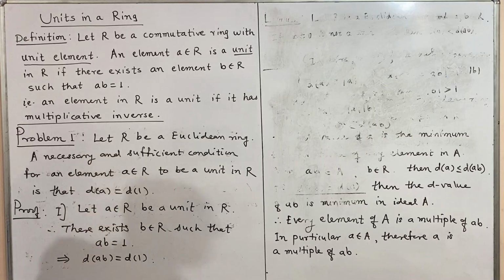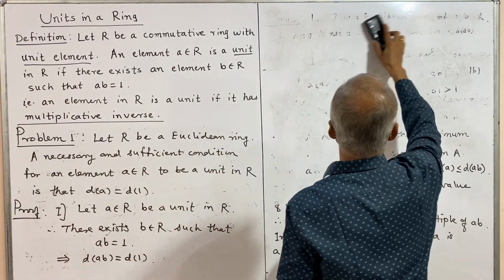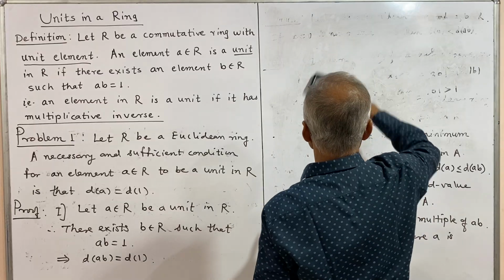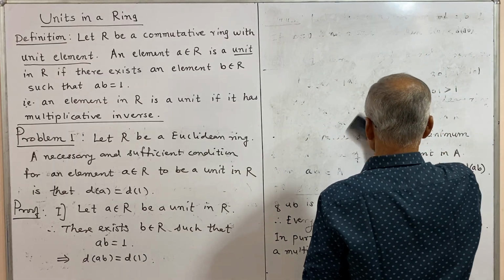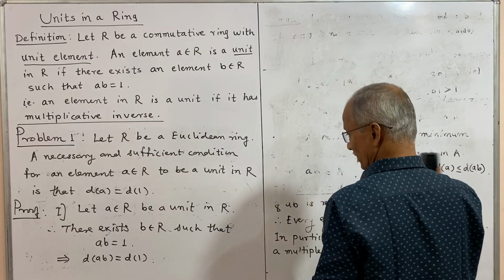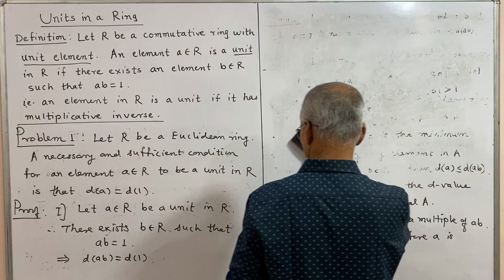But see, we have d value of AB and d value of 1. The relation between these two can be considered. We have equality.